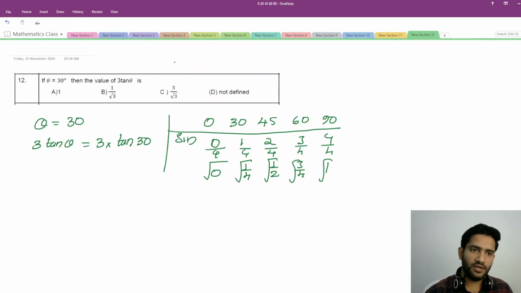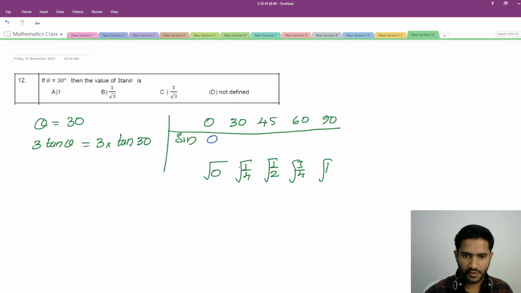Now we get the values for sine. Sine 0 is 0. Root of 1 is 1, root of 4 is 2. Root of 1 is 1, root 2 is root 2. Root 3, root 4 is 2, root 1 is 1. So these are the values for sine.